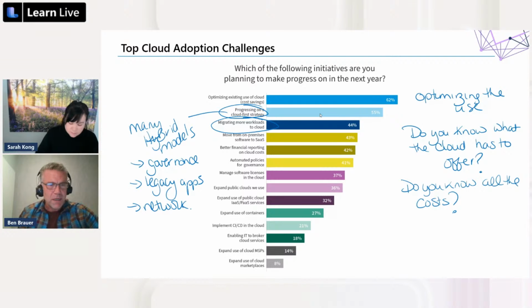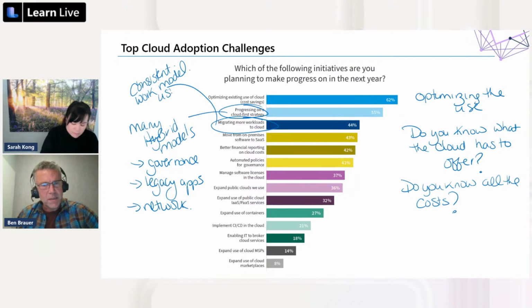You understand the workload architectures by assessing them, migrate those workloads in a consistent manner using a landing zone, which we'll talk about more in a minute, and then make sure those applications are optimized once they've been deployed. Those are all going to be factors in how quickly and how many of these workloads you can move to the cloud in an efficient manner.